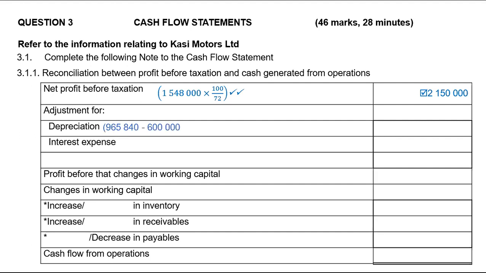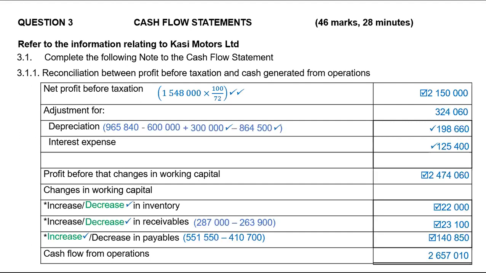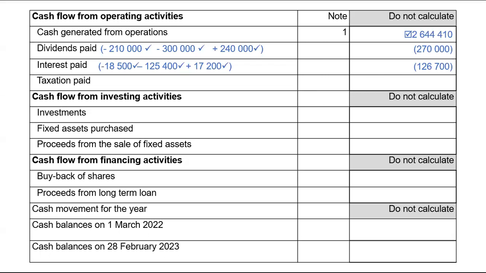How much was it? It was 2,150,000. So the difference between the two will be our income tax for this year, which we will show as a minus under tax paid, and which is 602,000. Therefore, we'll end up having tax paid of 507,000.